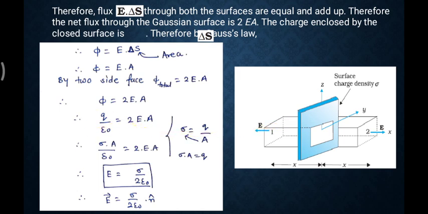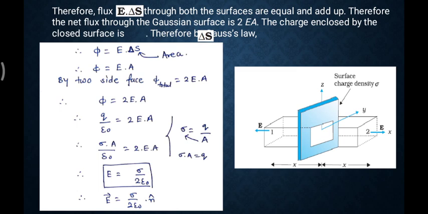From the continuous charge distribution point of view, I am adding some extra terms for you. Sigma, the surface charge density, is equal to Q by A. A multiplied by sigma, sigma times A, is equal to Q. So Q is replaced by sigma times A upon epsilon 0, equal to 2EA, where A cancels out from both sides, then E is equal to sigma upon 2 epsilon 0.